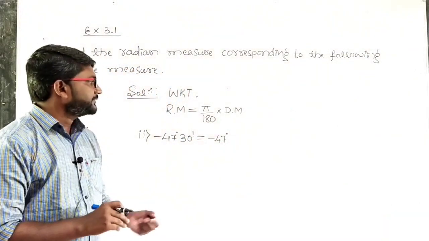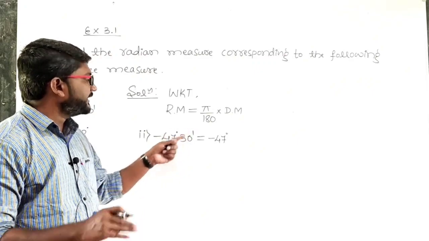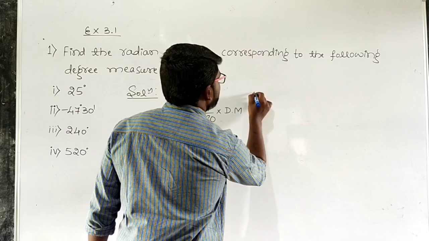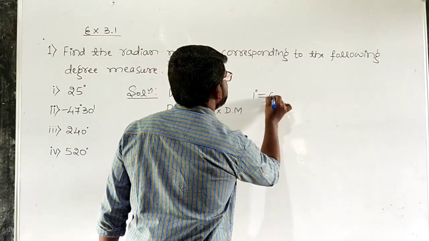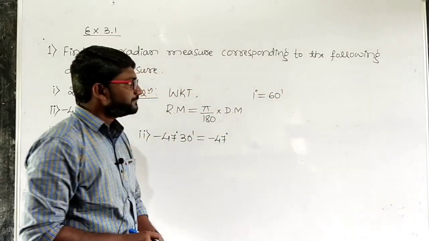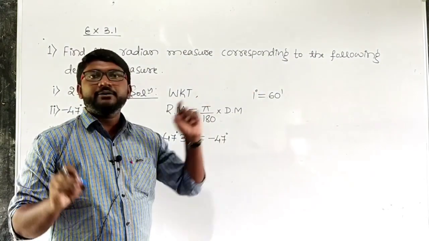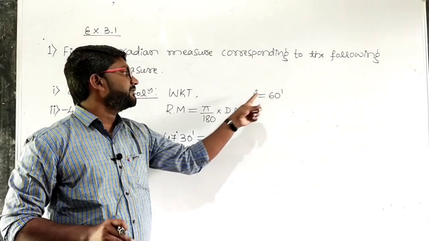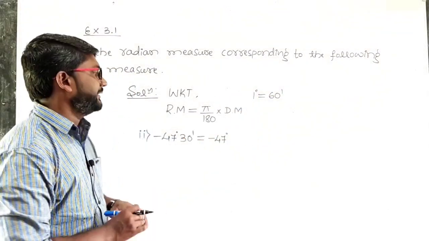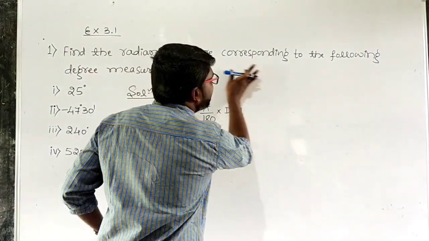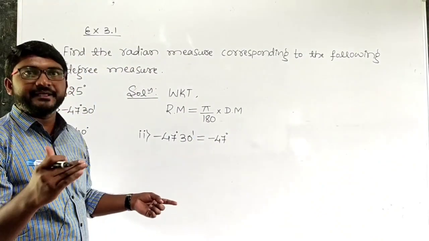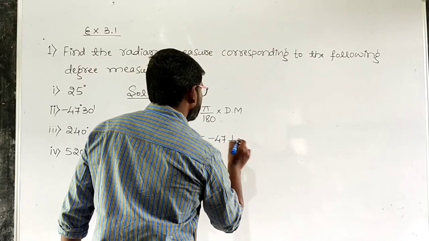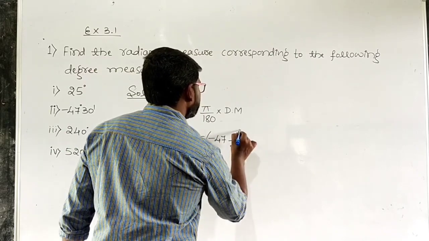Then we have to write 30 minutes in terms of degree. 1 degree equals 60 minutes. Now here we have 30 minutes, that means on both sides we have to divide by 2. Here we get 30 minutes, here we get 1 by 2 degree. So 30 minutes is nothing but half degree.